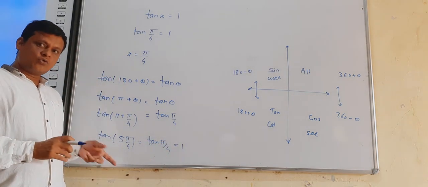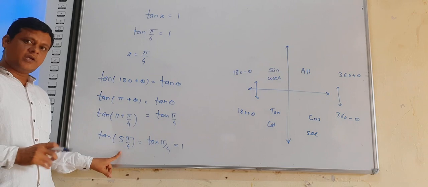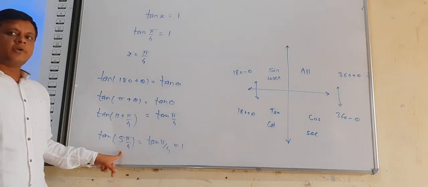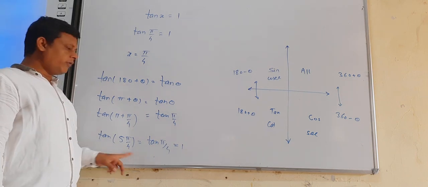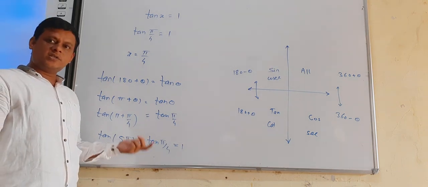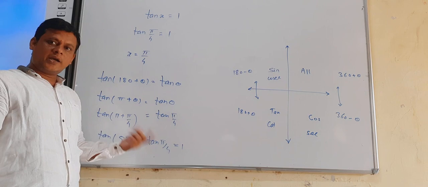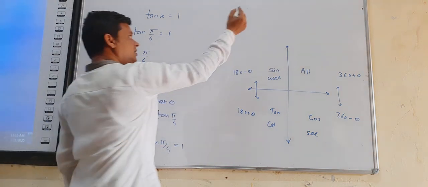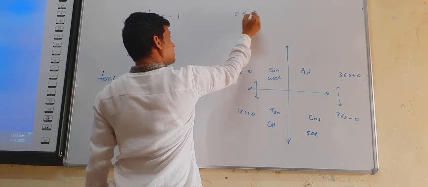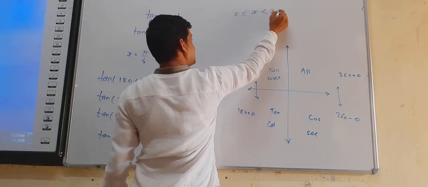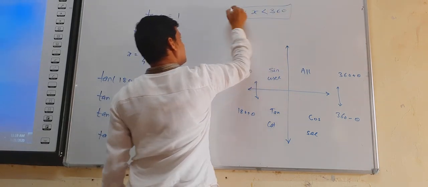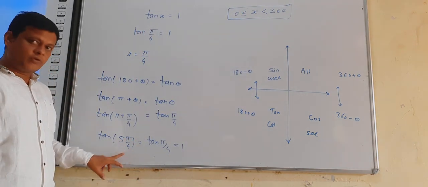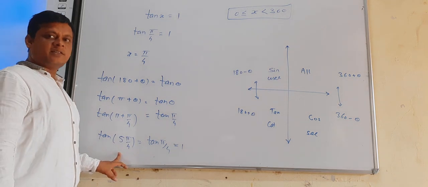Then again you have to check whether this value is greater than or equal to 360, because for the principal solution we require the unknown angle value which is equal to 0 or greater than 0 and must be less than 360. That is the condition for x: 0 less than or equal to x, strictly less than 360. So while calculating we must remember that the value calculated must be less than 360.